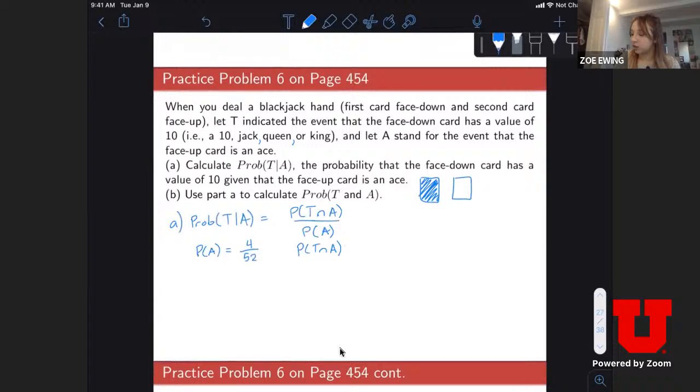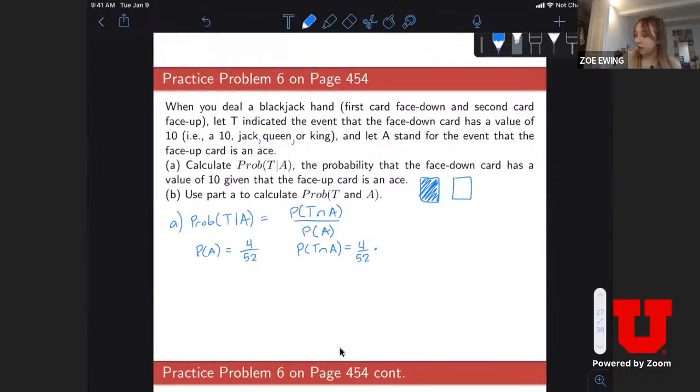So first we have the probability that the face up card is an ace.